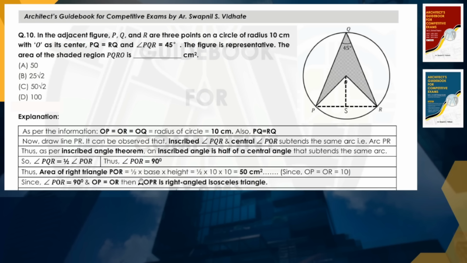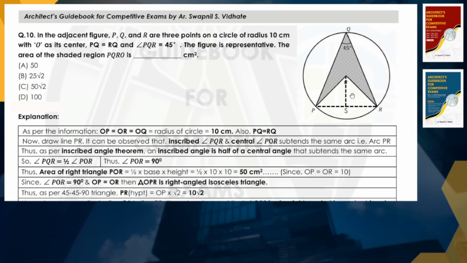Similarly, since angle POR is 90 degree, right, and OP is also equal to OR, that means triangle OPR is a right angle isosceles triangle, right?